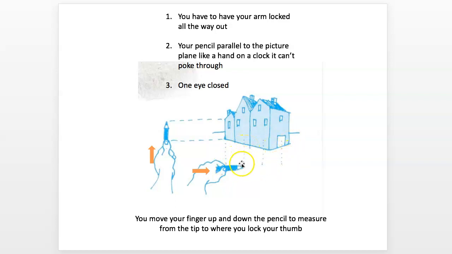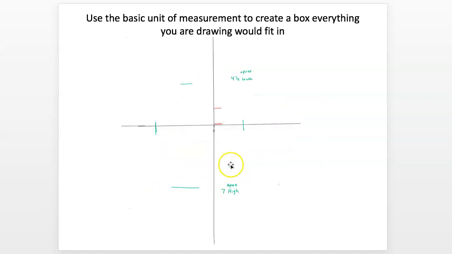See that? 1, there's little dotted lines, 2, 3 and a half, and then how many wide? 1, 2. See, that's their basic unit of measurement right there. Okay. And you just do little tick marks, these green lines, to create that box.